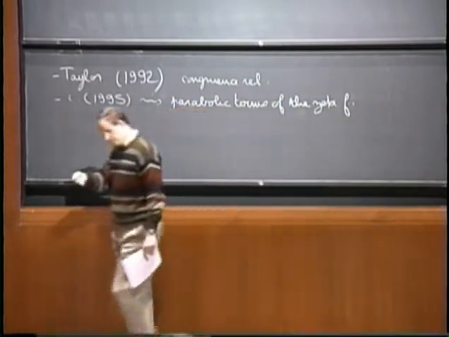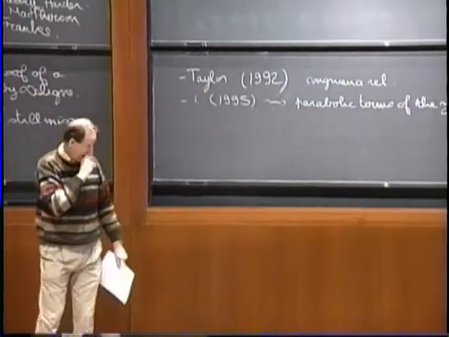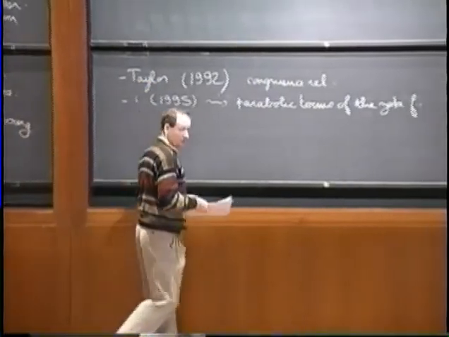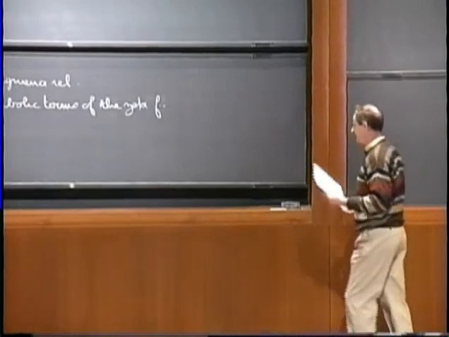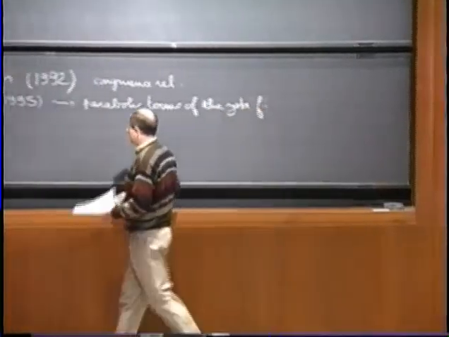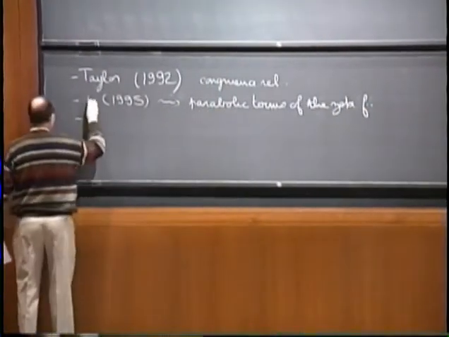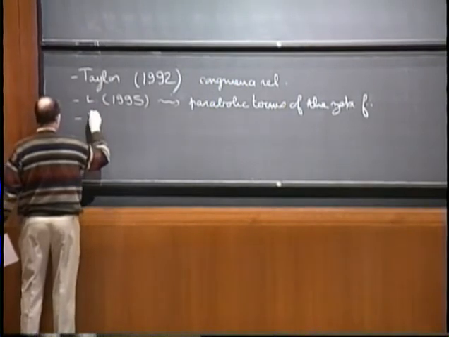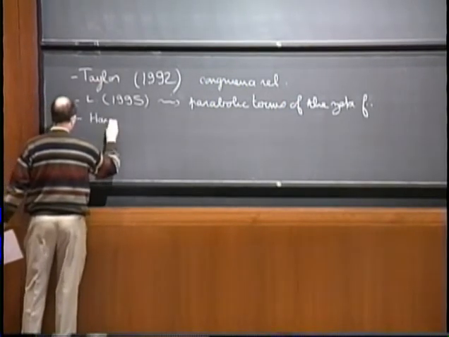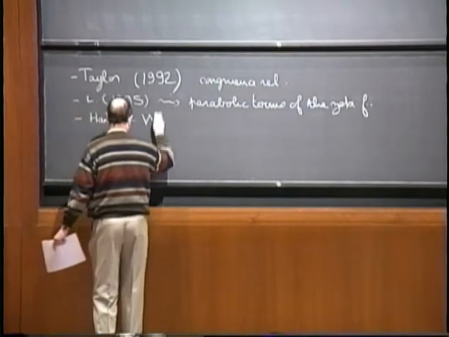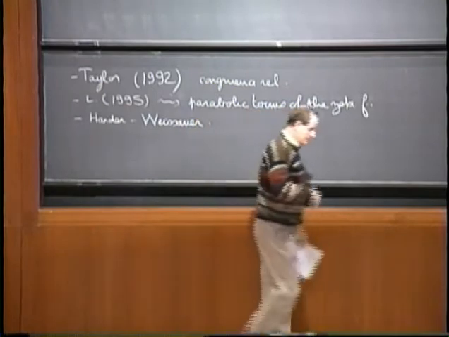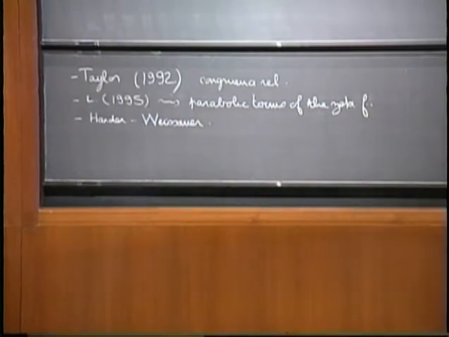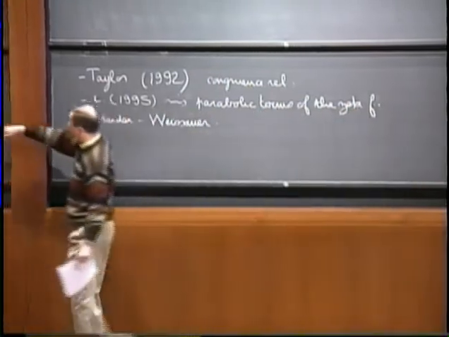And there is a main term, which is a discrete part. I hope that James Arthur will speak about it next Saturday. Almost at the same time, Harder and also Weissauer did a similar computation for GSp4 using a slightly different technique, using the topological trace formula.